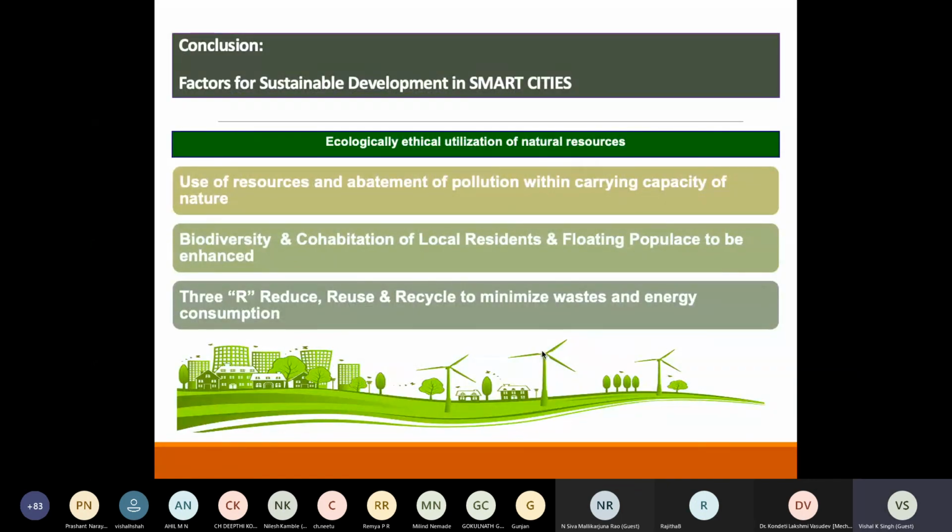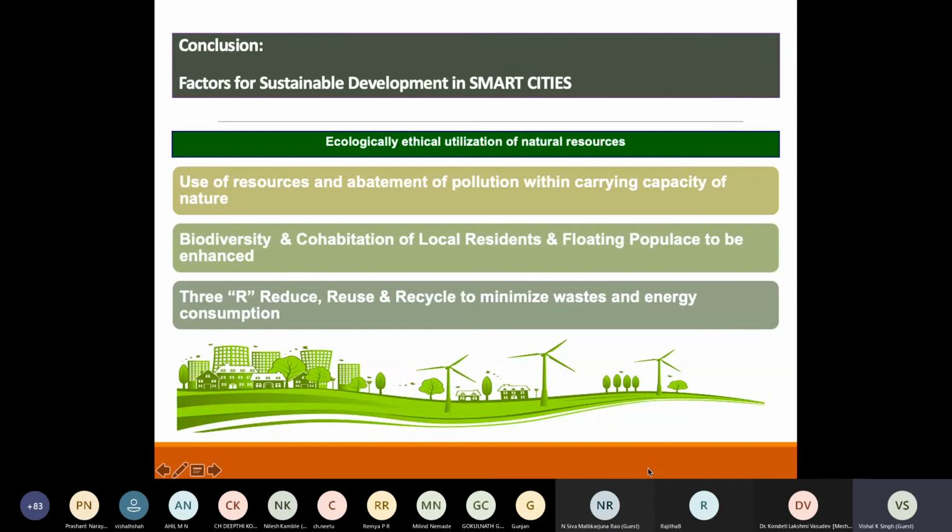So, in order to finally summarize this entire discussion, I would say that there are three things which we should be hoping to develop in a smart city or smart development or smart ecosystem.